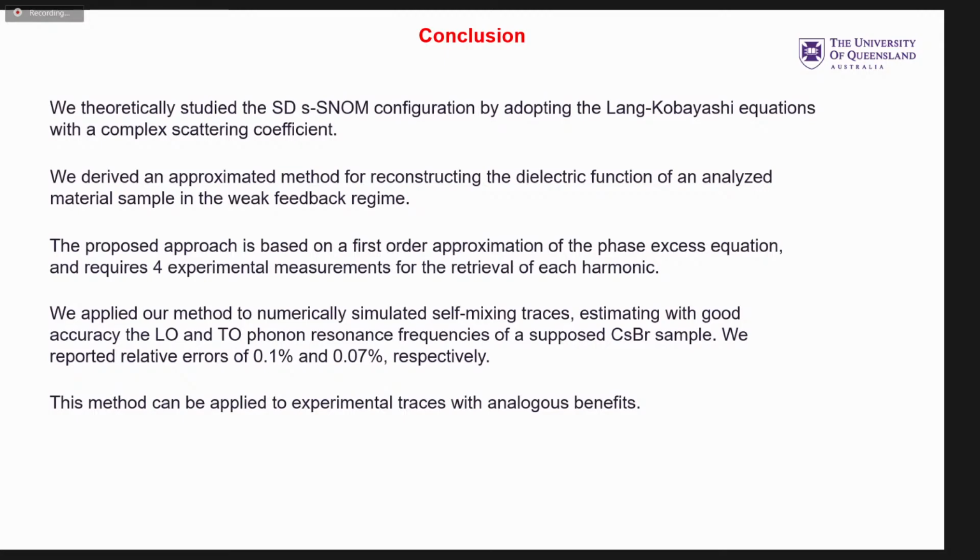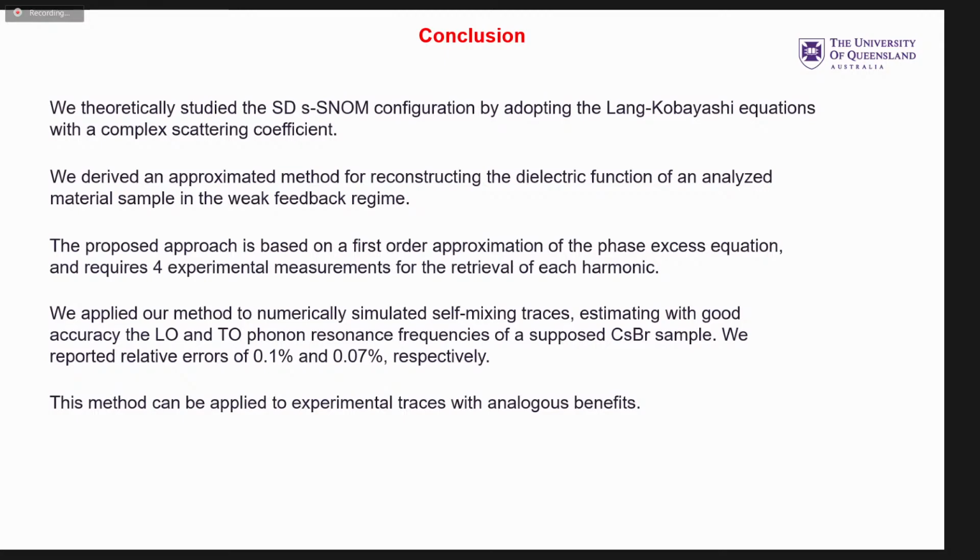Actually, this first order theory, here we use it to theoretically reproduce the dielectric permittivity. But for example, if we limit only to the retrieval of a single harmonic, for example, the third one, and we choose a single frequency, and we vary the external cavity length, we can actually do an imaging of a sample, and determine, for example, measures of contrast.